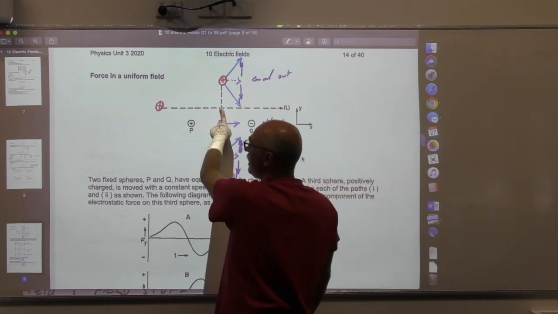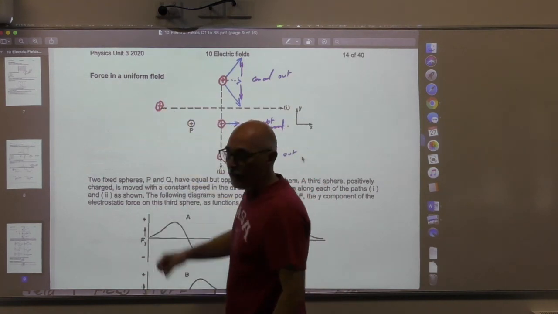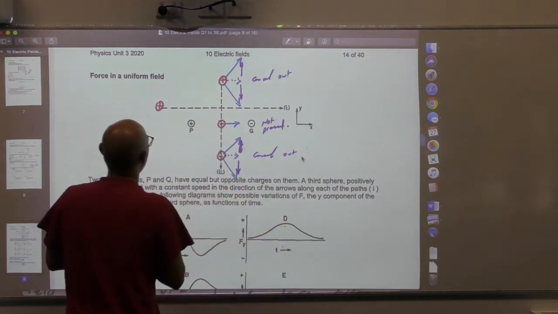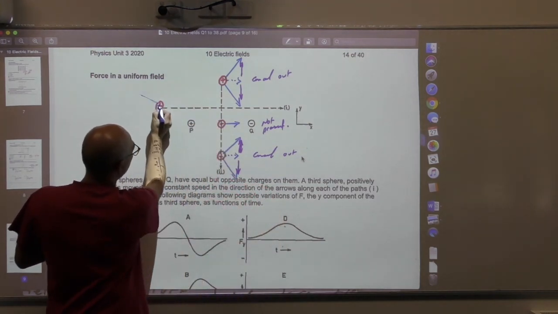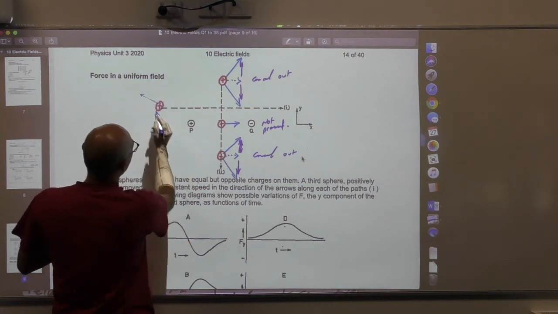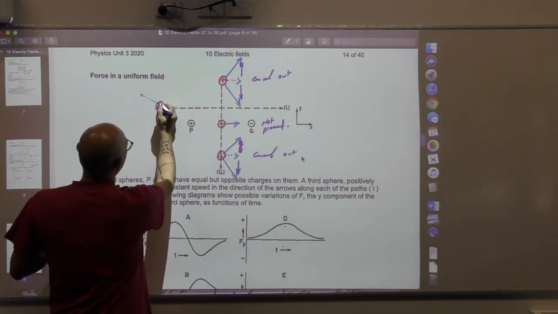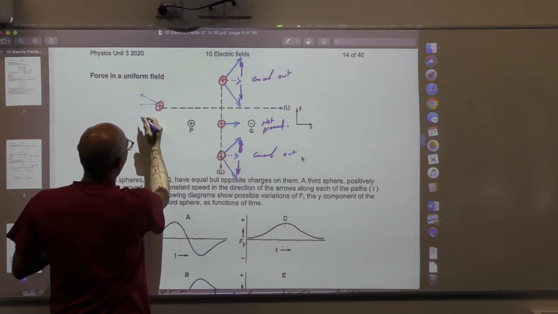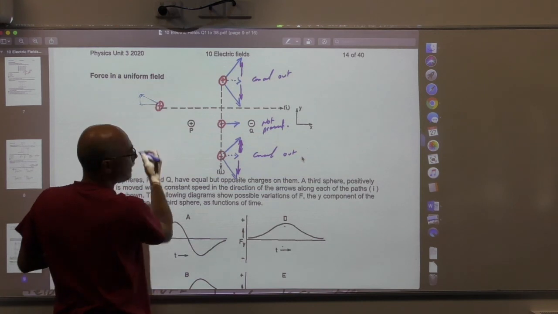Now, what we're really considering here is the force that it's feeling in the y direction. So here, if you imagine a repulsive force this way, there is a component of that in this horizontal direction, and then a component of it in this vertical direction.